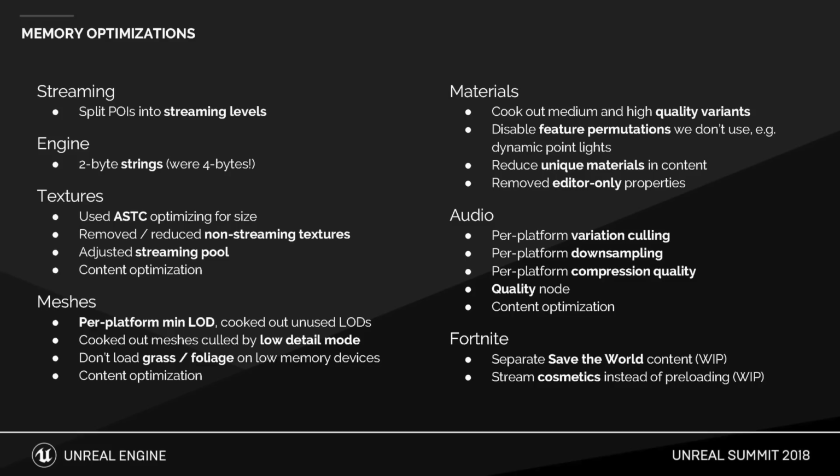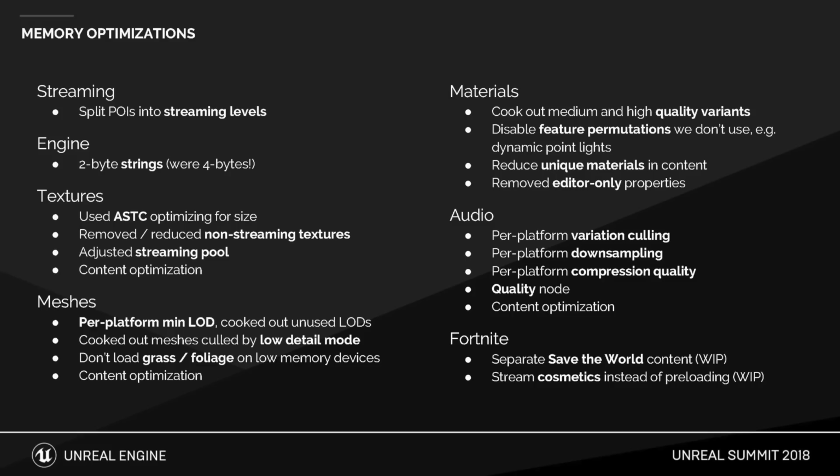We made some engine level improvements. We have a lot of string data in our game. They were using 4 bytes on Android and iOS. We reduced that back to 2 bytes like other platforms. There are also a lot of engine level optimizations where we have removed parts of some data structures that were not strictly needed at runtime.